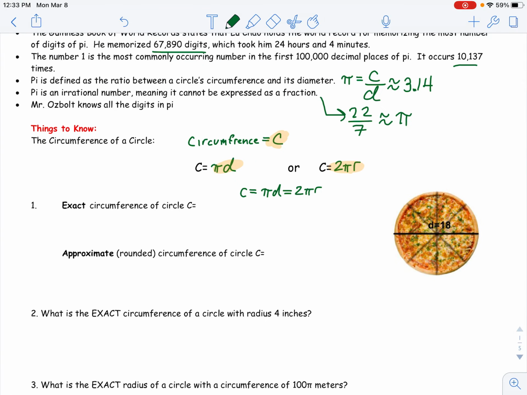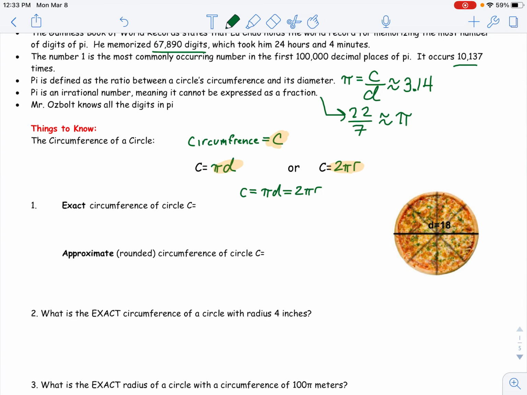Things to know is that an arc is a portion of the circumference, and there's two ways to describe an arc. Arc length is measured in distance, so these are inches, meters, miles, etc. Arc measure, which we've talked about in previous lessons, is measured in degrees, a portion of 360.